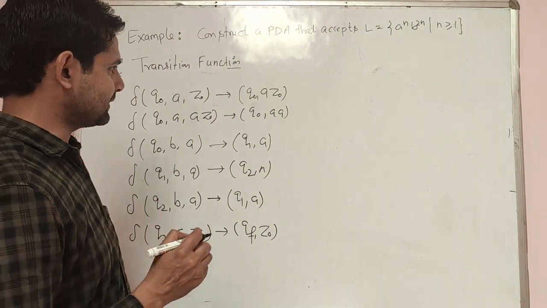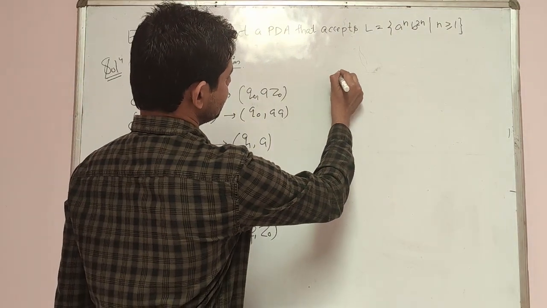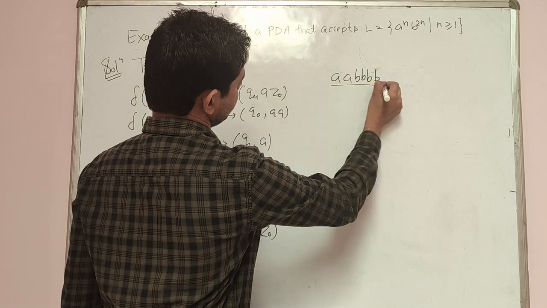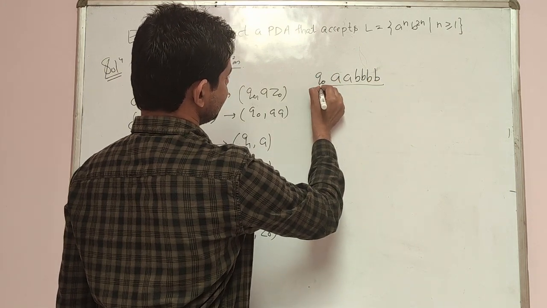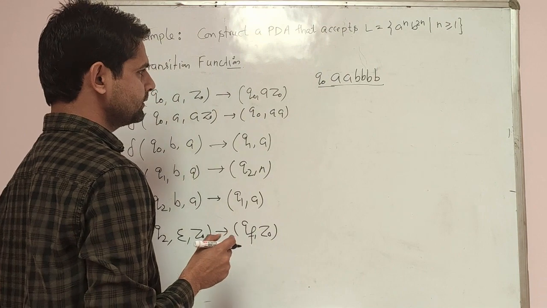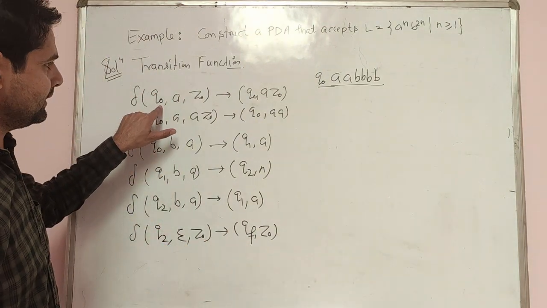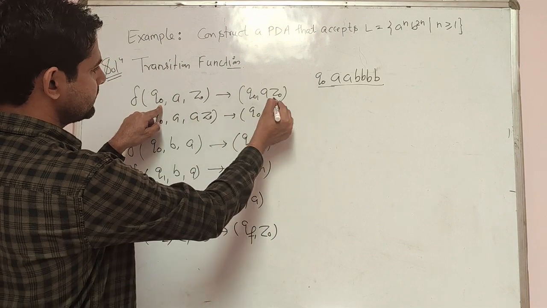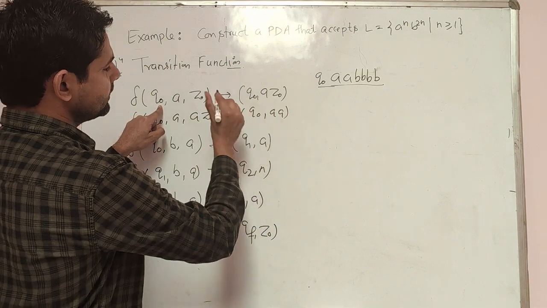So now we will check this. For example, we are considering AABBBB. How will you check it? We are starting with Q naught. We are on Q naught state, the input symbol is A, so we just add it and stay on the same state.